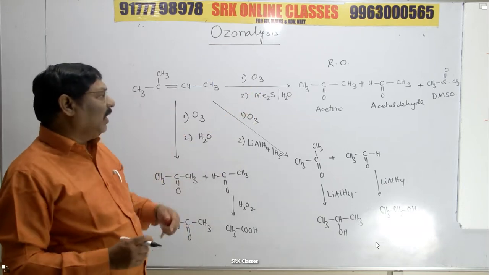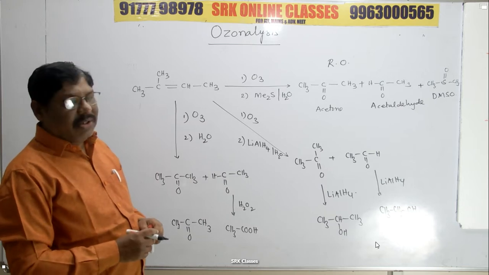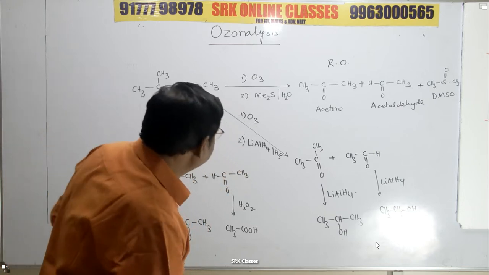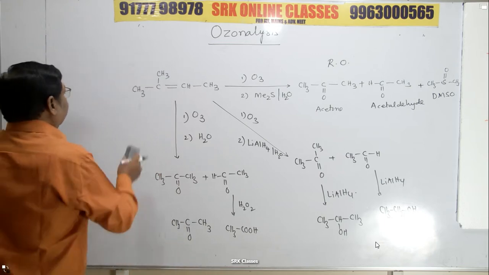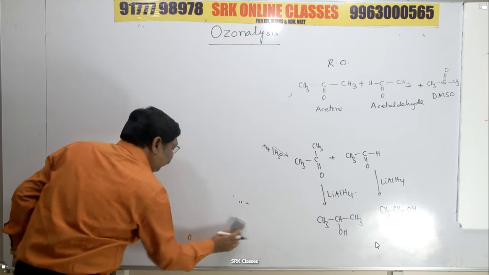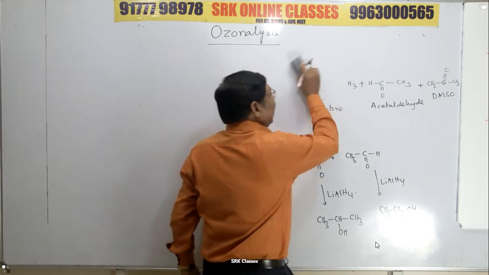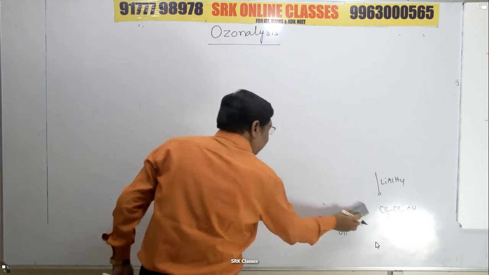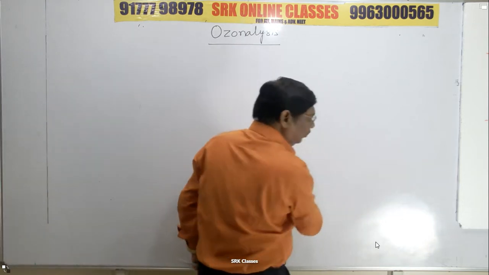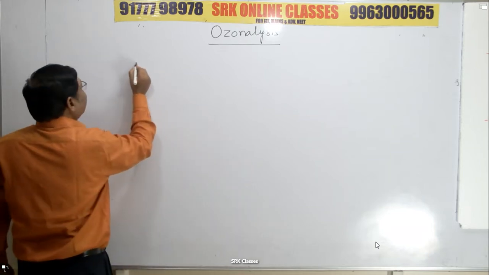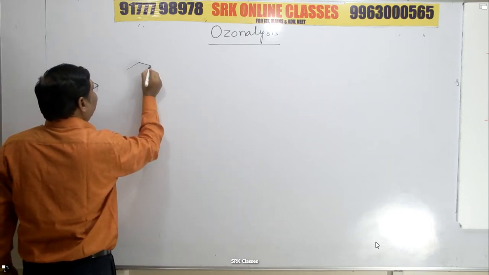Now we'll continue with ozonolysis in cyclic structures. I'll take a few important examples for cyclic structures. First I am taking styrene, vinyl benzene.